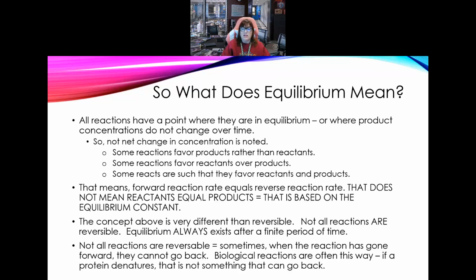So that's what we're talking about when we talk about that ratio, okay? Some reactions favor reactants over products, some favor products over reactants, and sometimes they're roughly equal. And of course, this depends on which way I wrote that equation, lots of things. So we're going to have to pay a lot more attention to that.